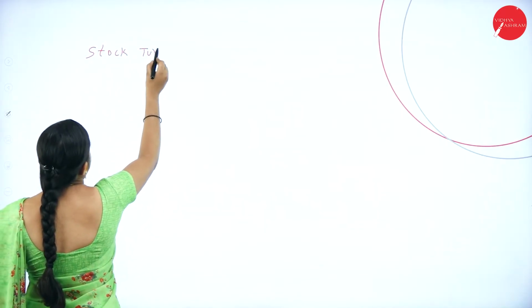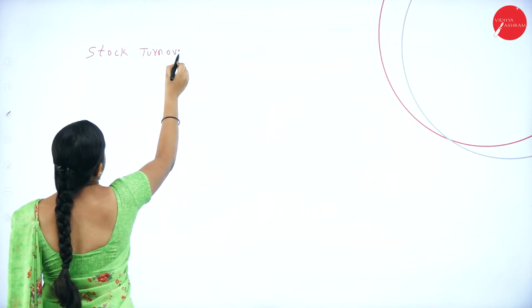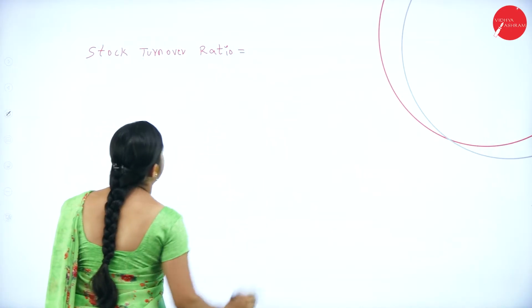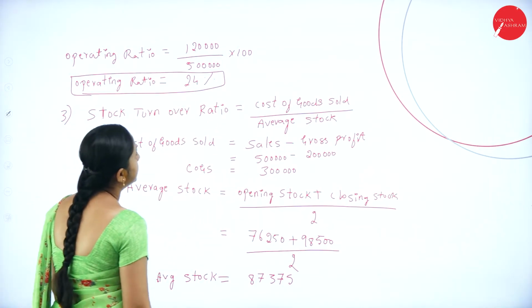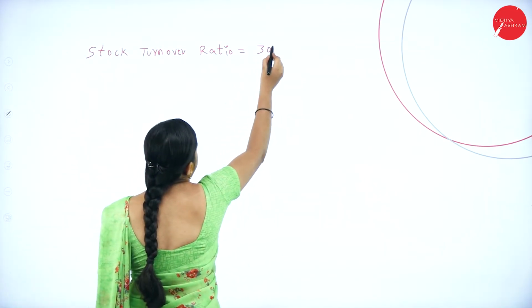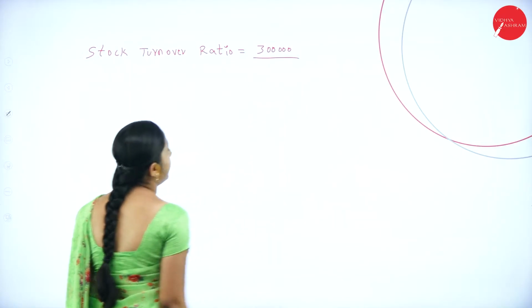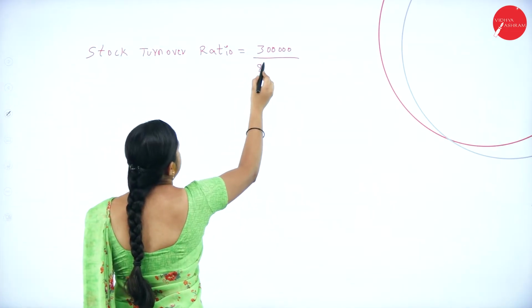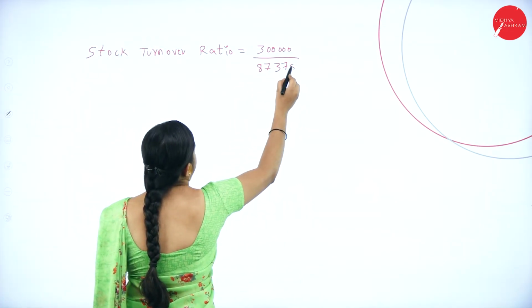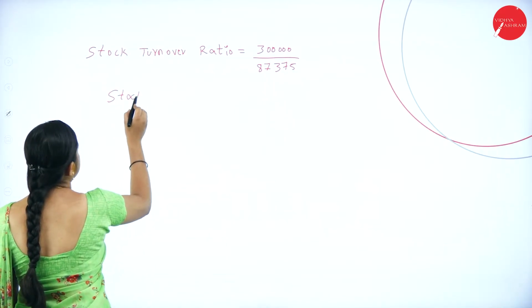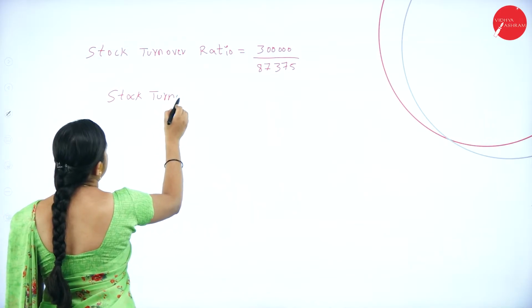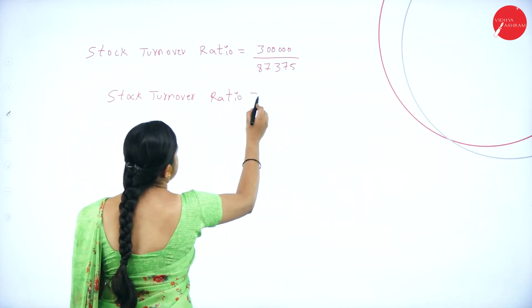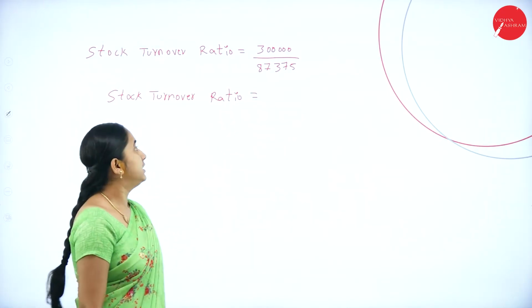Stock turnover ratio is equal to cost of goods sold, which is 3 lakh, divided by average stock, which is 87,375.